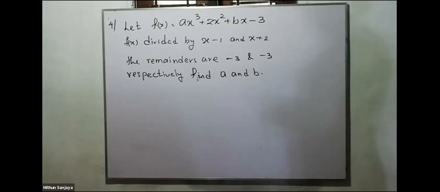Let f(x) equal ax cube plus 2x squared plus bx minus 3. f(x) divided by x minus 1 and x plus 2. The remainders are minus 3 and minus 3. Okay. Both remainders are the same, respectively. Find a and b. Now hurry up.